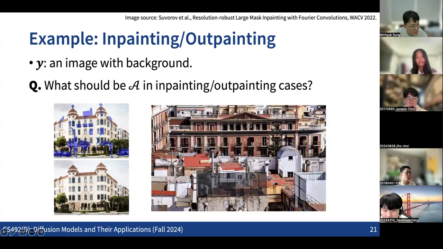We have seen this case before, right? So in the in-painting case, what should be the A function here?